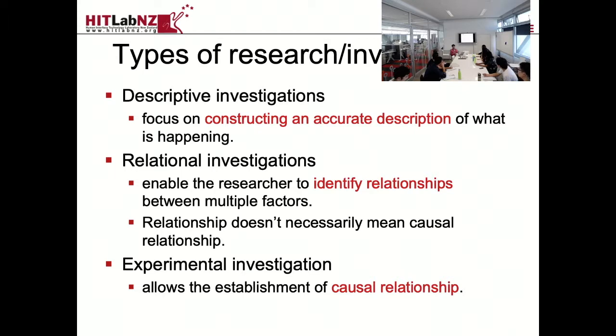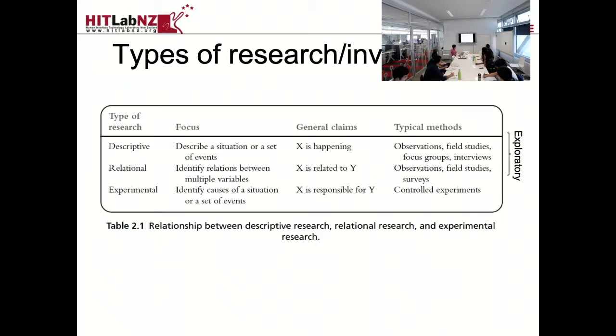That is a causal relationship, so we want to find some causal relationship. Last time we talked about that one. This table shows very clearly the difference among the descriptive, relational, and the experimental methods in research.